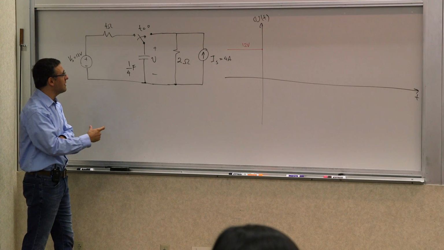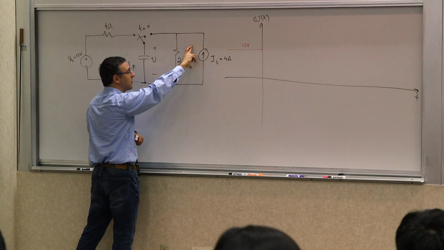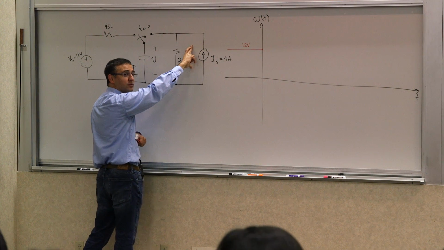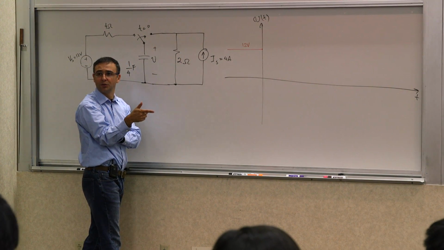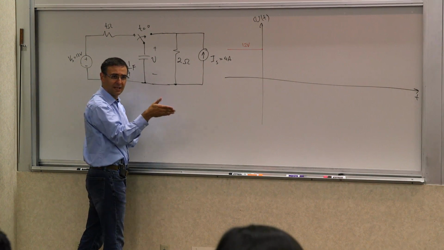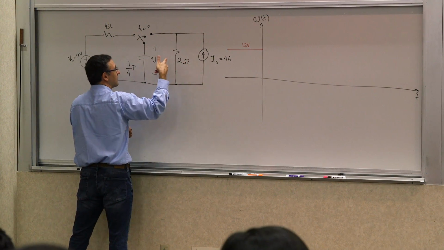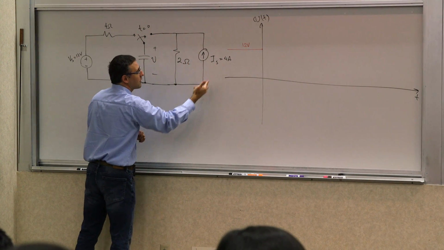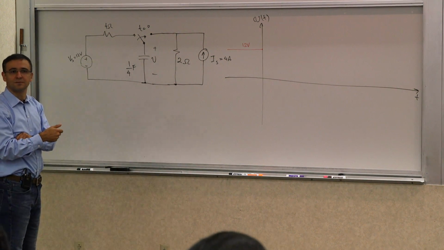If I had a voltage source here instead of the current source, say of 8 volts, this would instantaneously jump to 8 volts, right? If it's an ideal voltage source, because the ideal voltage source is capable of providing infinite current. But we don't have a means of delivering infinite current. Neither the resistor nor that current source of 4 amps can provide infinite current.